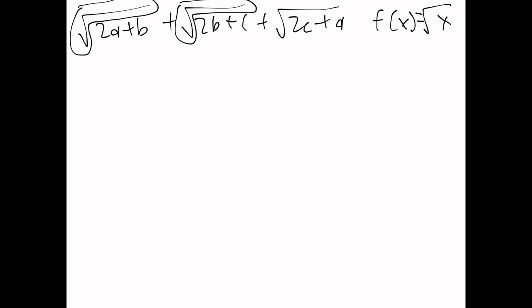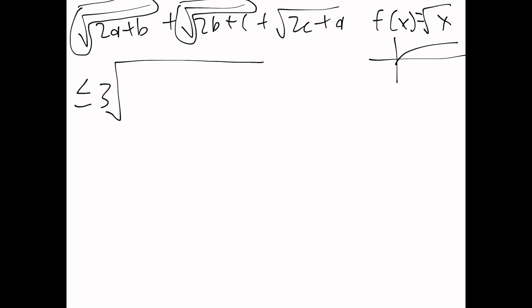We know that the square root of x is going to be a concave function that looks like this, plus we had the rules before. It's a concave function. But anyway, because of that, we can say that this is going to be less than or equal to 3, since there are 3 terms, times the square root of (3A plus 3B plus 3C) over 3.